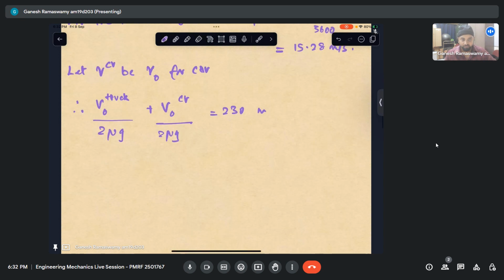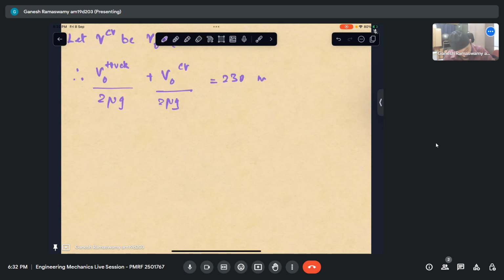So if we substitute this, v naught squared for the car is nothing but 230 minus this quantity, this entire thing into 2 mu g.